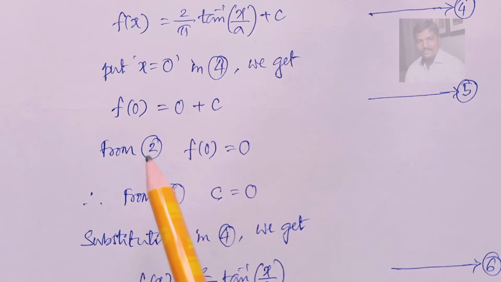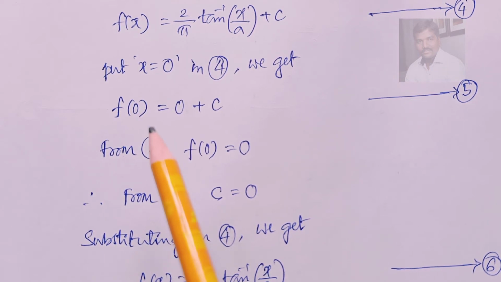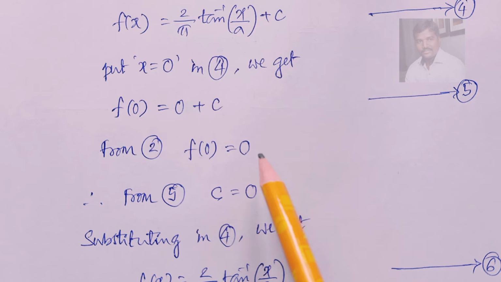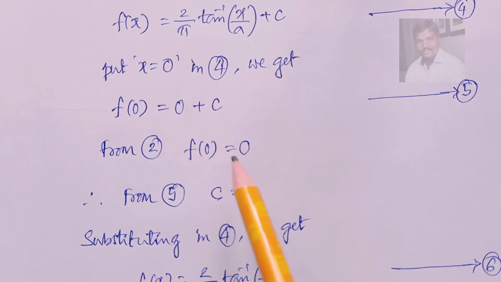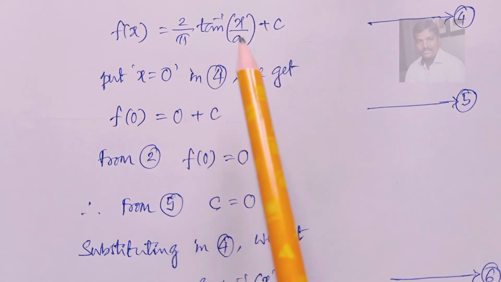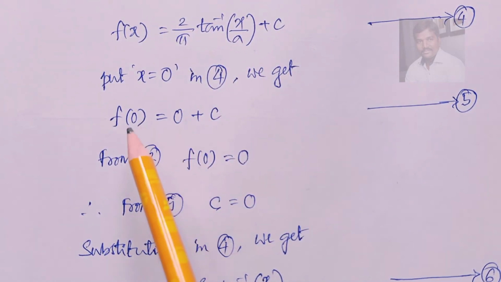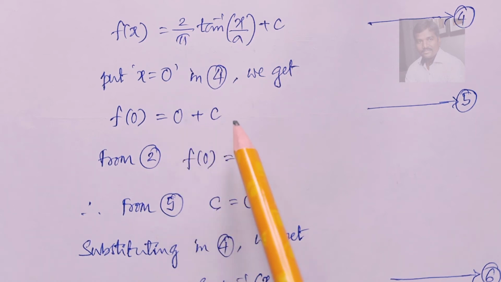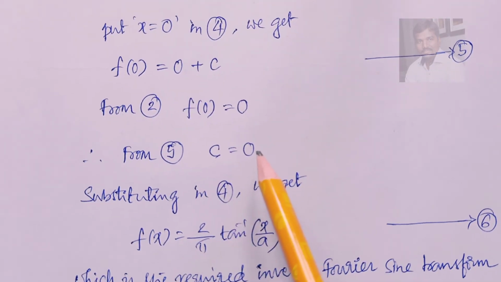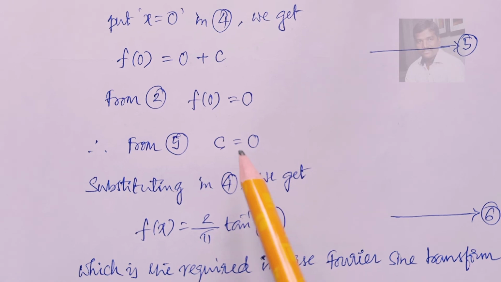Just putting 0 in place of x, we get f of 0 is 0. So from here f of 0 is 0, so this is equal to 0 plus c. Therefore c is equal to 0. The c value is 0.